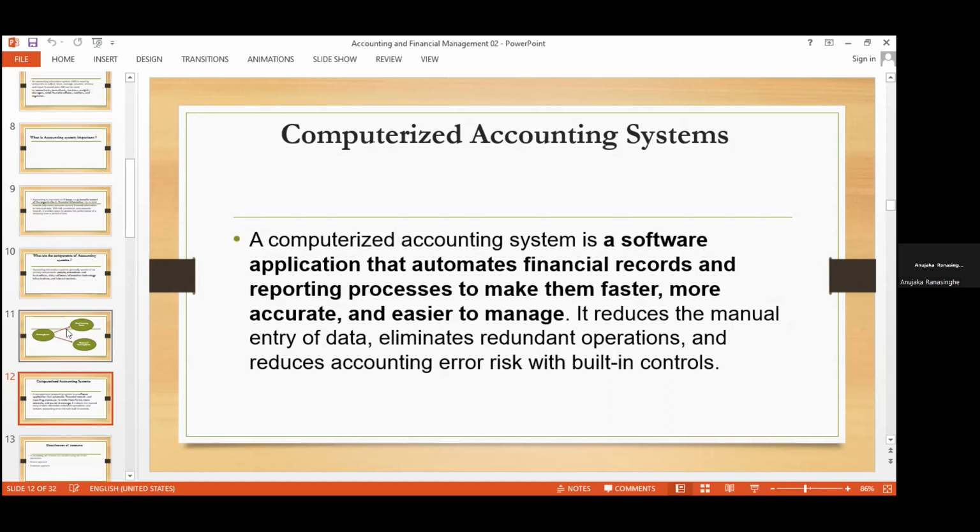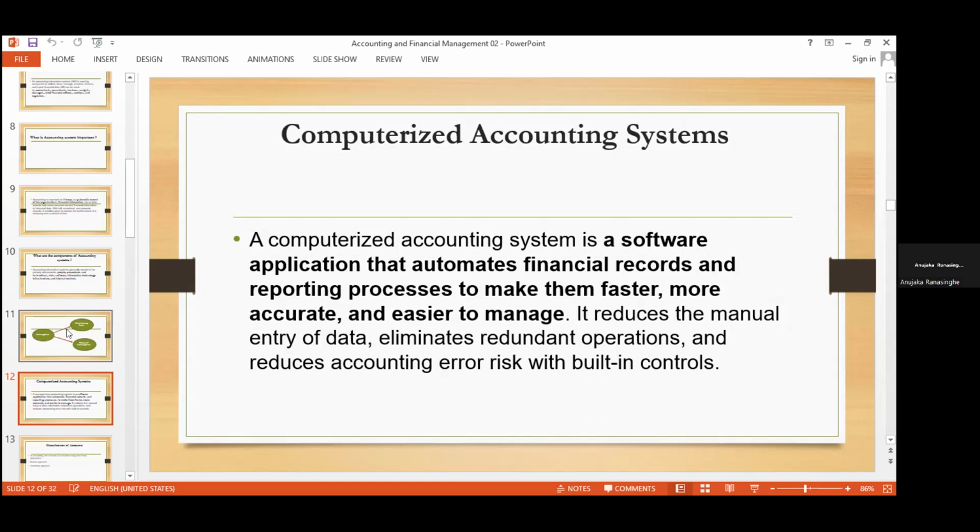A computerized accounting system is a software application that automates financial records and reporting processes to make them faster, more accurate, and easier to manage.